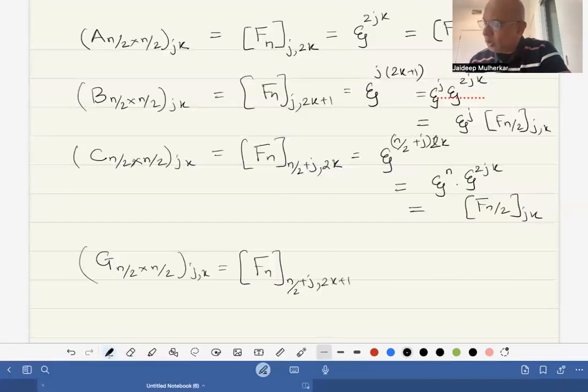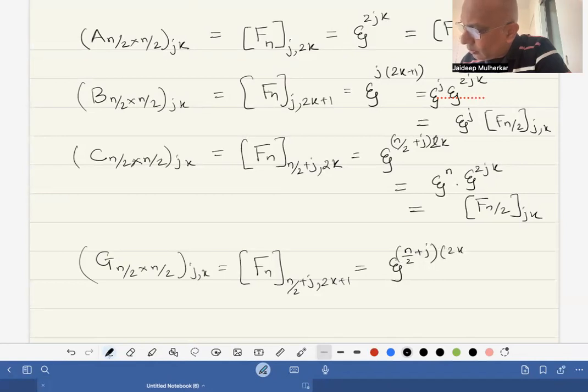These are the odd columns. So this will be eta to the n over 2 plus j into 2k plus 1, which will be eta to the n over 2 into eta to the 2jk into eta to the j.